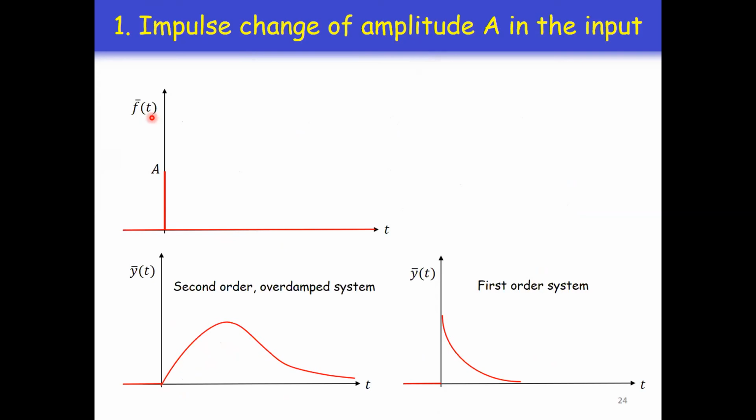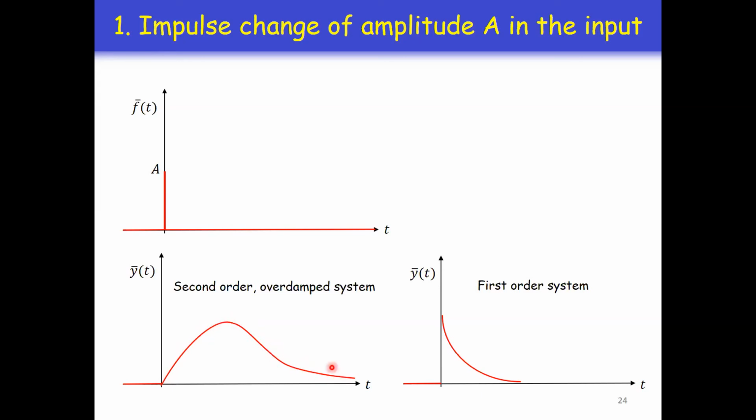So let's report F, the input or the disturbance, and Y, the response. So the disturbance is an impulse of amplitude A. The response will be something like that I'm highlighting now on the screen.